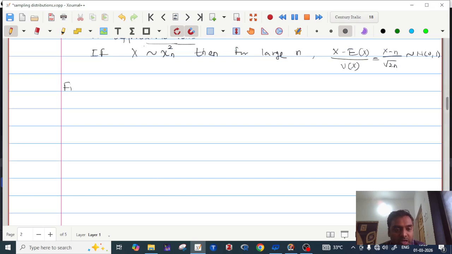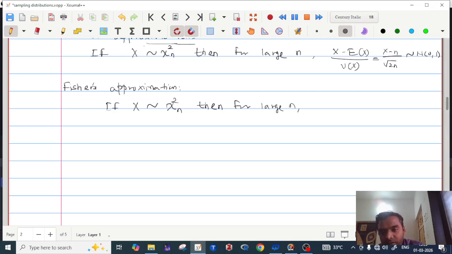Now there is one more approximation for large n, that is Fisher's approximation. Fisher approximation is: if x follows chi-square with n, then for large n, the square root of 2x minus the square root of 2n minus 1 follows normal 0, 1.